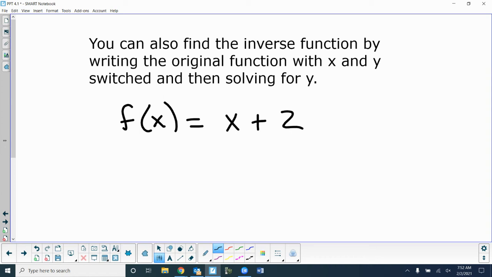Most of the time we think of it like this, y equals x plus 2. All we're going to do is change this y to x and that x to y. Then we're going to solve for y. We're going to get y by itself. That's all you've got to do to find these inverses.